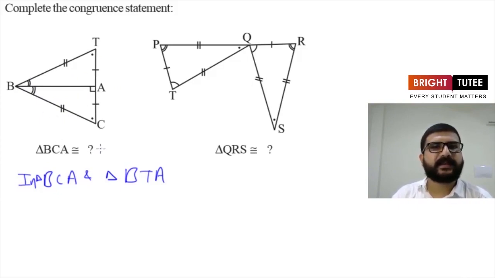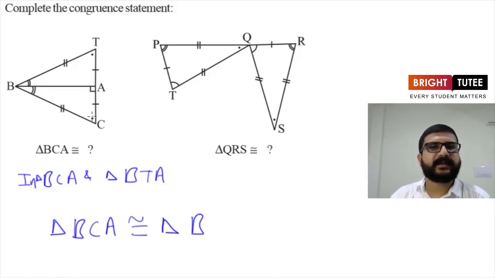See here, angle B is equal to angle B. So while writing the congruence relation, we can write triangle BCA is congruent to triangle B, and then angle C will be equal to angle T, so it will be T here, and then angle A. For BCA it is vertex A, and for BTA we are left with only one vertex, and that is A. So triangle BCA is congruent to triangle BTA.